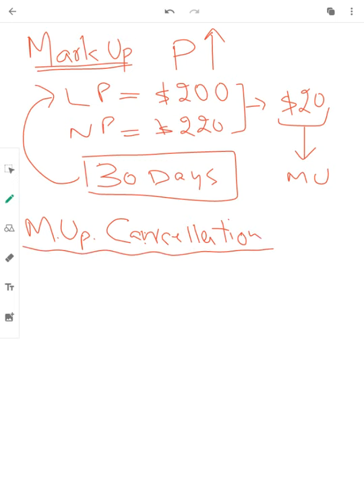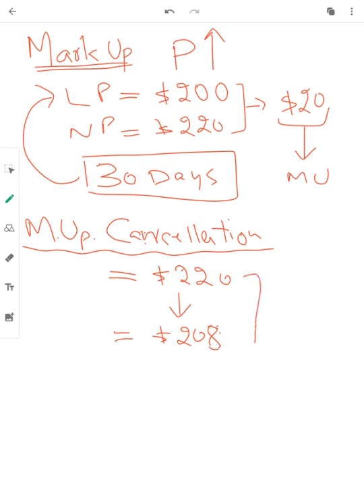Markup cancellation. So markup cancellation means that the new price is $220 and I will decrease it, let's say, to $208, not $200. I can make it even $200 also, but I am doing it this way because I want to explain the net markup value as well.